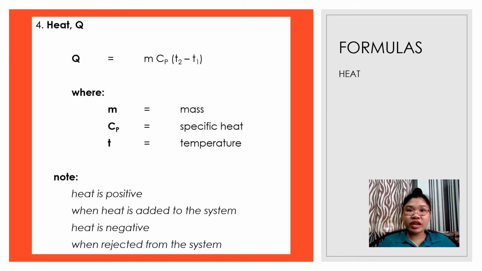Specific heat varies if it is water, air, or any substance. Note that heat is positive when heat is added to the system, or this is also called QA. And then heat is negative when it is rejected from the system.